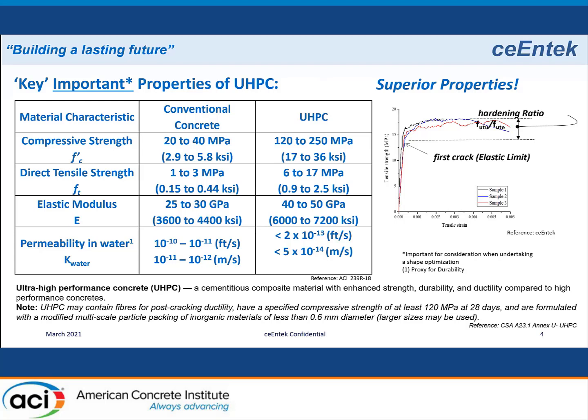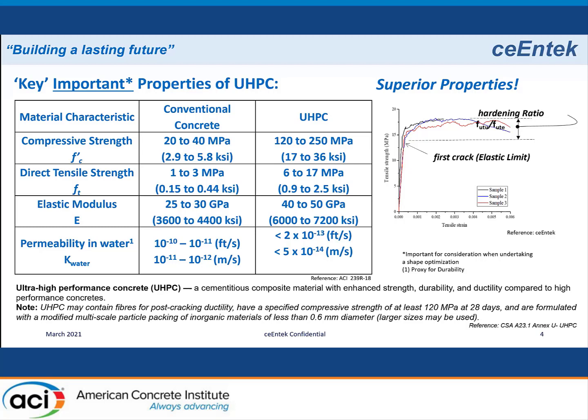I show a graph on the right of some dog bone prisms that were tested in direct tension using the Swiss method. Then I want to talk about elastic modulus, because the stiffer the material, the higher the Young's modulus, the better it plays into serviceability in terms of deflection, vibration, et cetera.